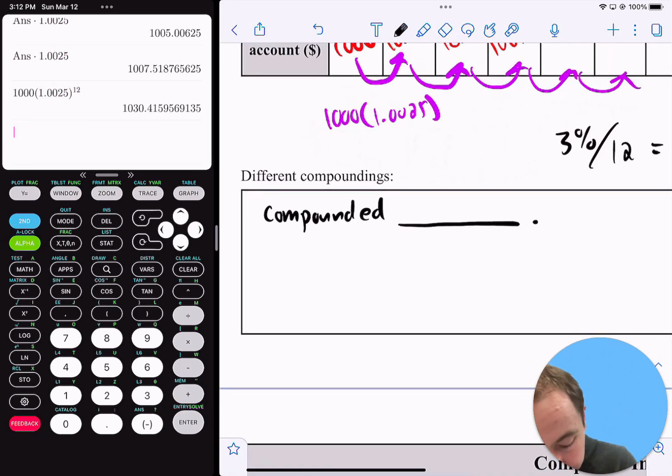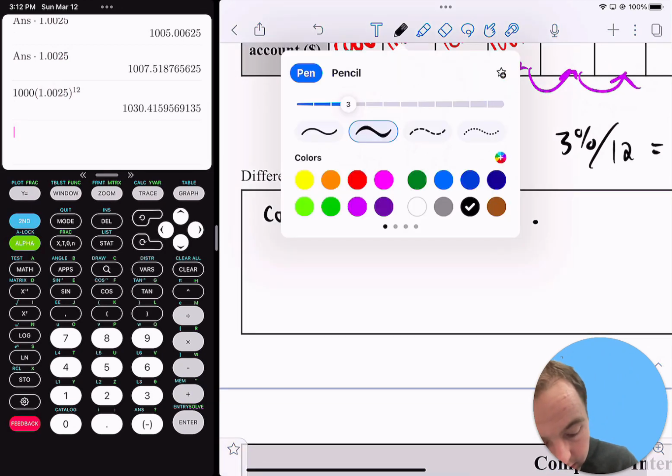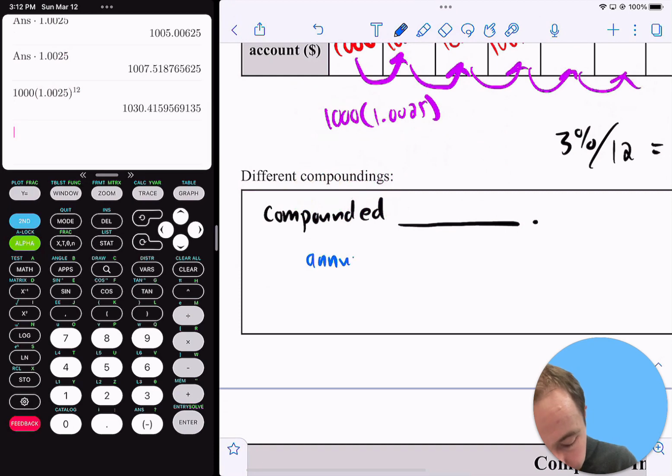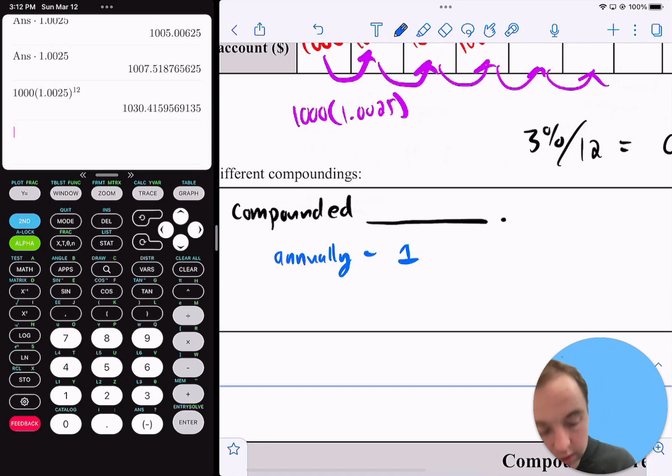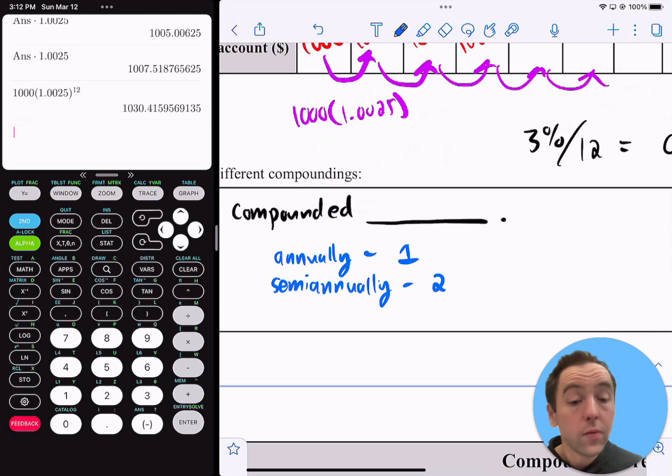Some of those frequencies that we will definitely encounter include an annual frequency. Annually means once per year. Another common one is semi-annually, which happens twice per year, every 6 months, when interest would be added to your account.